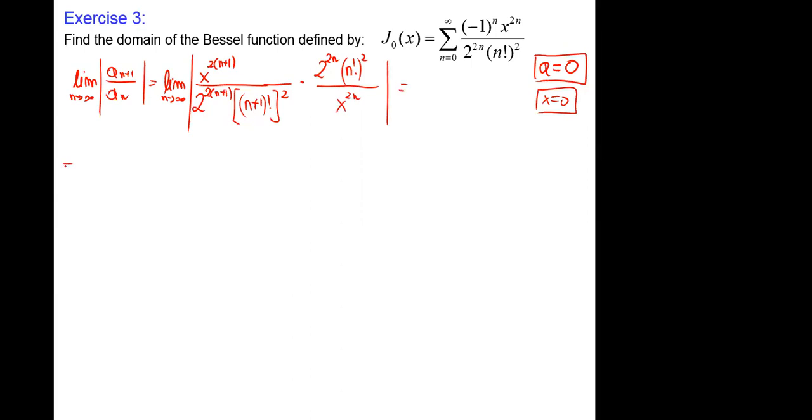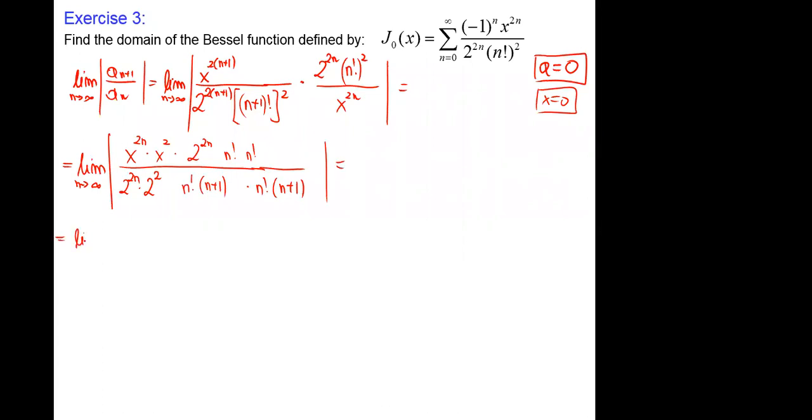We can simplify. Let's see. This will be x to the power of 2n, and if I distribute, x to the power of 2, 2 to the power of 2n, and n factorial squared, 2 to the power of 2 because I'm distributing, and n plus 1 factorial I can rewrite as n factorial times n plus 1, and it's squared.